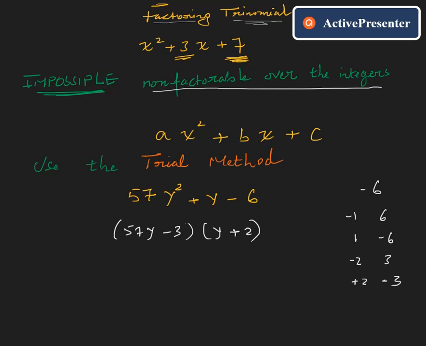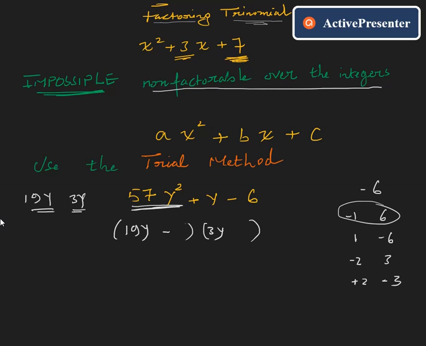You need to factor 57y squared. Factoring 57y squared may be 19y multiplied by 3y. Okay, and let's check if we can get the middle term to be 1. Let's put here 19y and here 3y, and check all these numbers interchangeably.